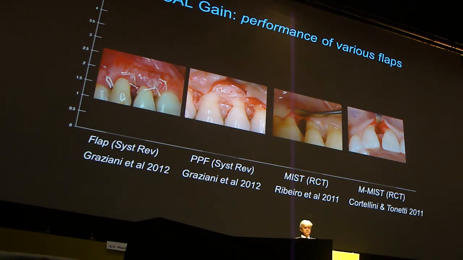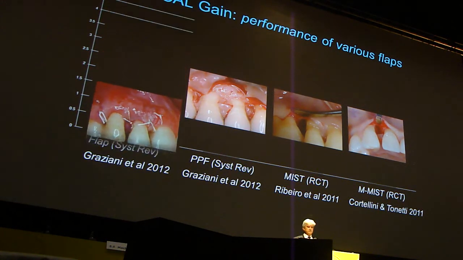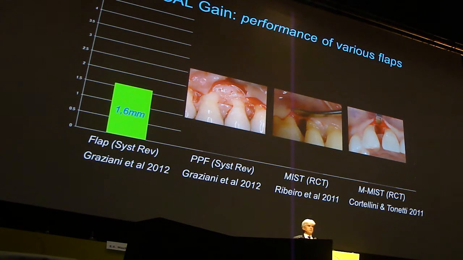I would like to show to you the differences in performance of these various flap approaches. The flaps without regenerative materials, starting from the modified Widman flap. In infrabony defects, we gain about 1.6 millimeters of clinical attachment on average.